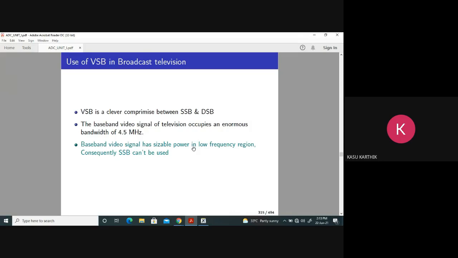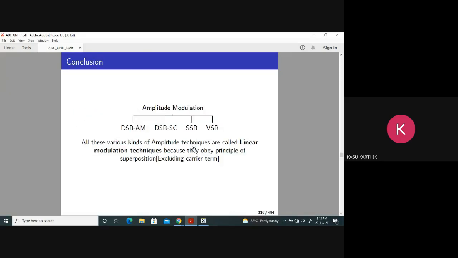So with this we complete the amplitude part of modulation. Basically amplitude modulation is of 4 types. DSB AM, simply we call it AM, but it should be DSB AM, because it is double sideband AM. That's the first technique we have discussed.